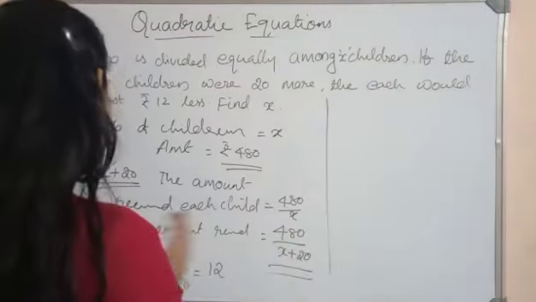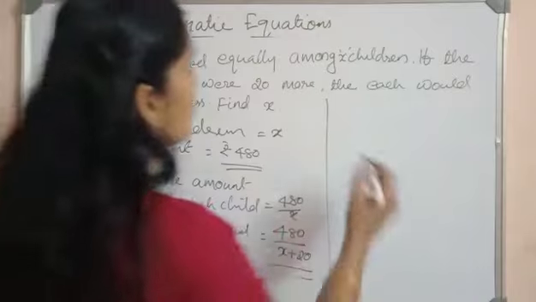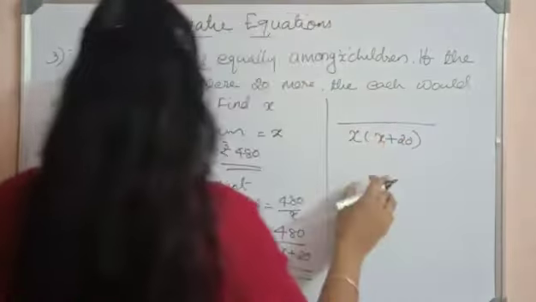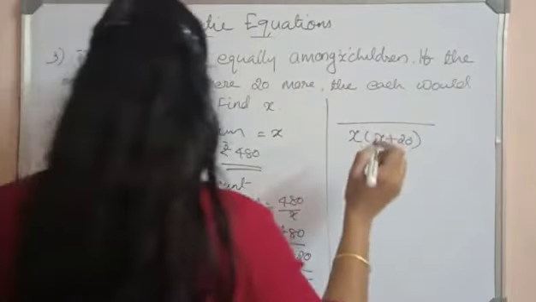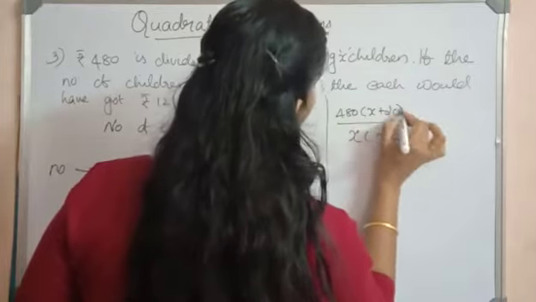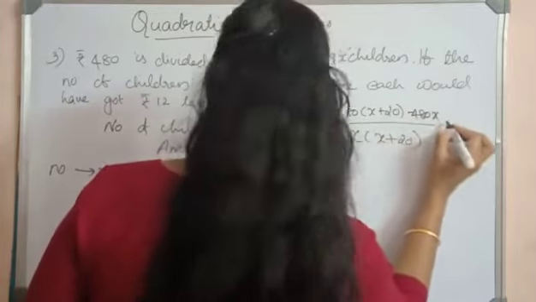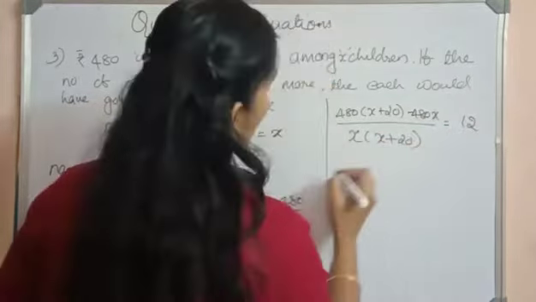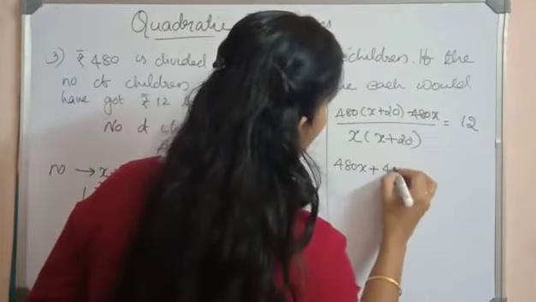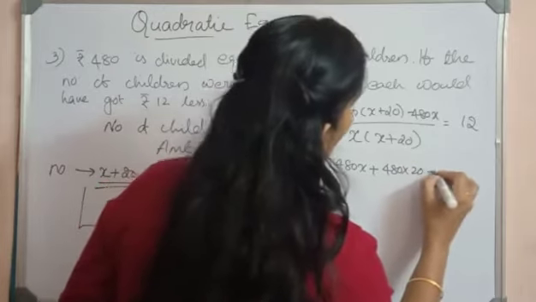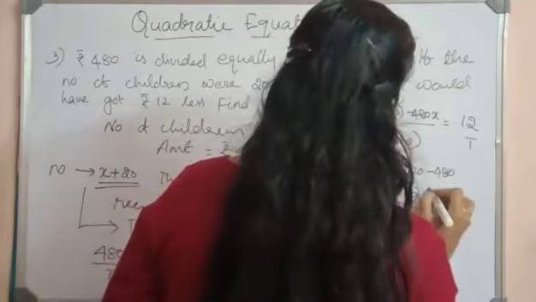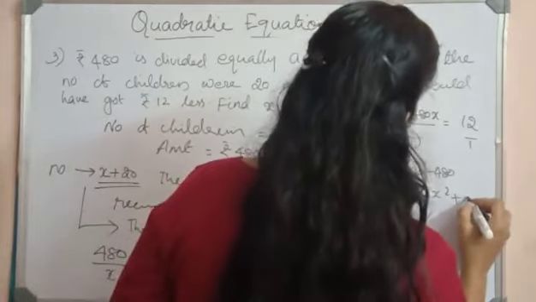Now let's bring it into the standard form of the quadratic equation. We will get the denominator as x into x plus 20, and upon that, 480 into x plus 20 minus 480x is equal to 12. Here on simplification, 480x plus 480 into 20 minus 480x is equal to 12 into x square plus 20x.